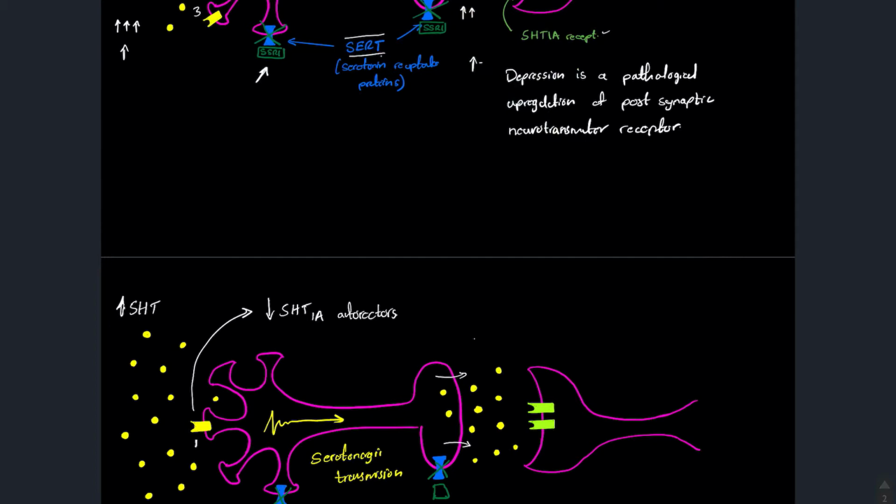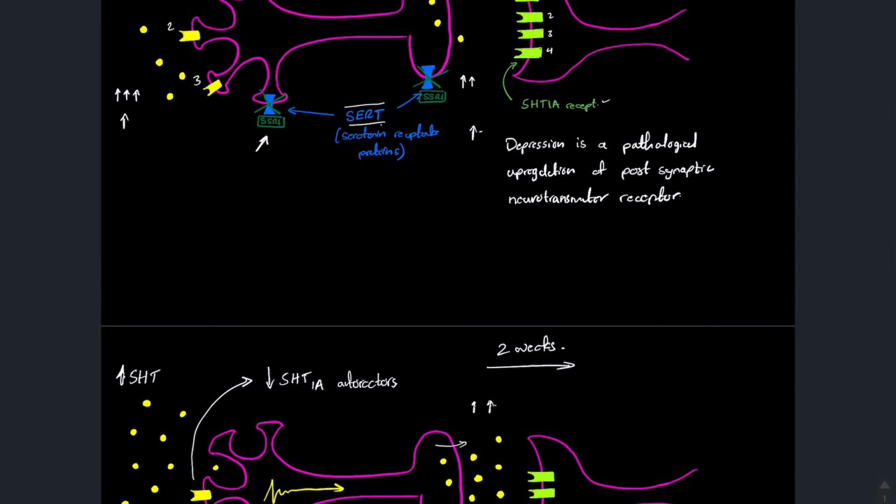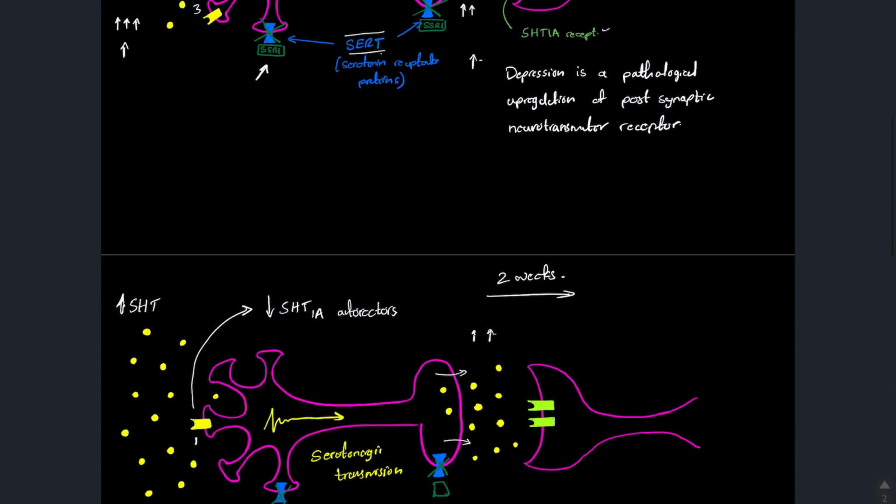Now, this increase in serotonin eventually, over a period of 2 weeks, causes downregulation of the 5-HT1A receptors. So in the first diagram, we had 4, and in this we just have 2 receptors, and of course these numberings are just for the sake of understanding.